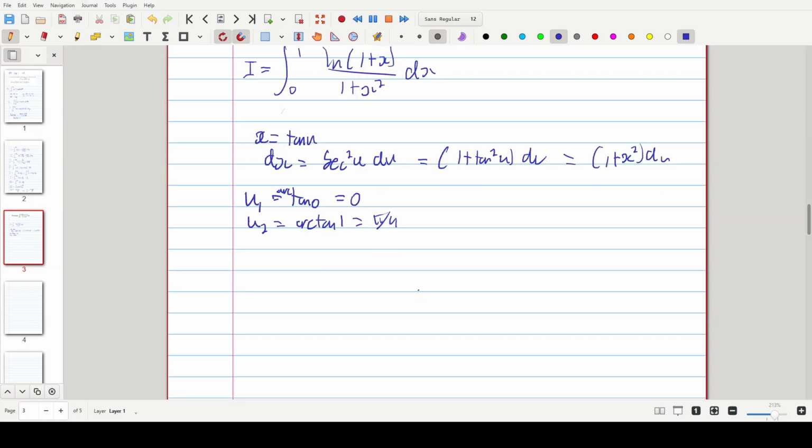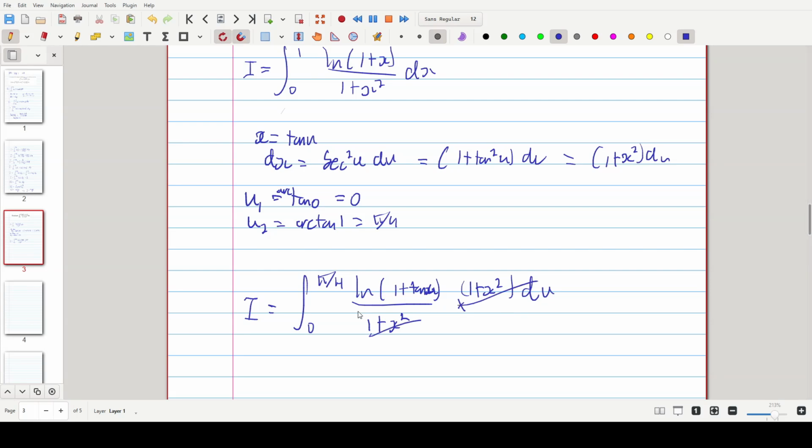So rewriting our integral, we get I equals the integral from 0 to pi over 4 of ln(1 plus tan u) over (1 plus x squared) times (1 plus x squared) du.